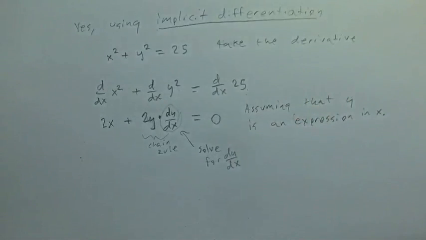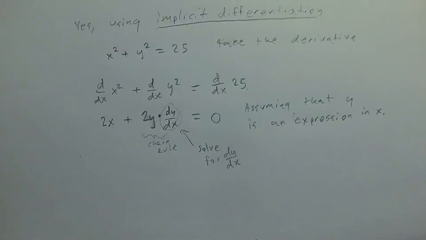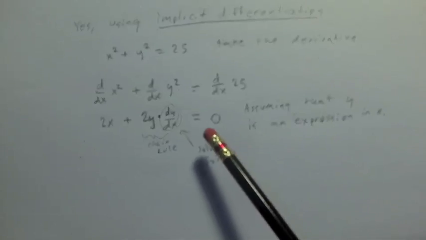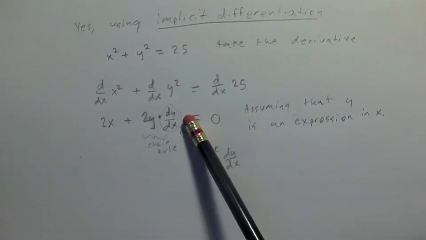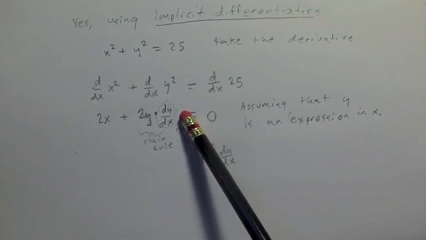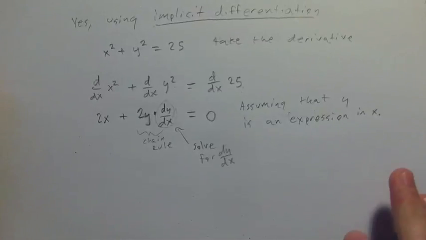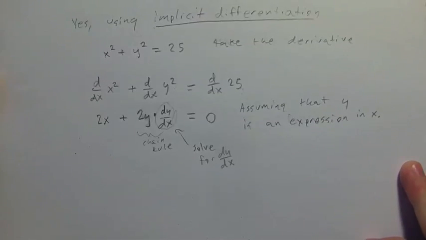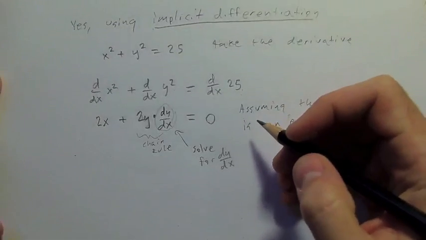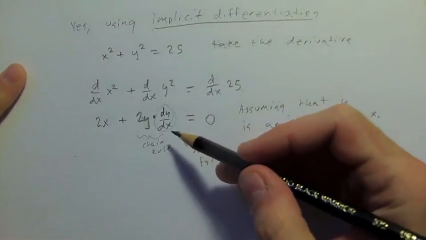We're looking for the derivative, and though this is not a nice function in terms of x, it's what we call an implicit expression, we can still find what we call the derivative of y with respect to x. The change, or the minuscule change in y versus the minuscule change in x. Okay, so I'm going to solve for this.